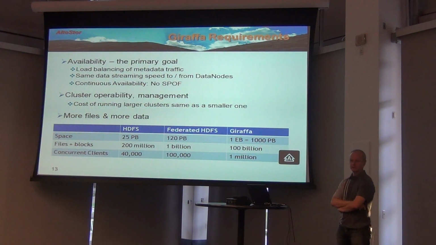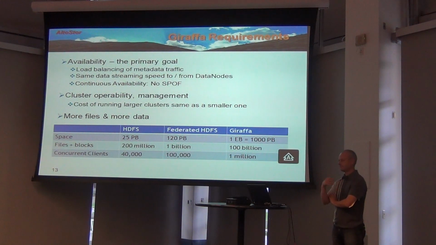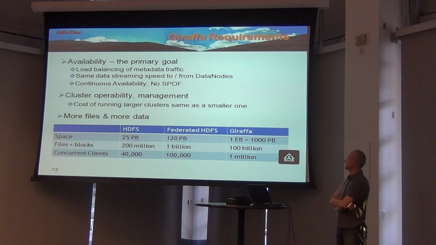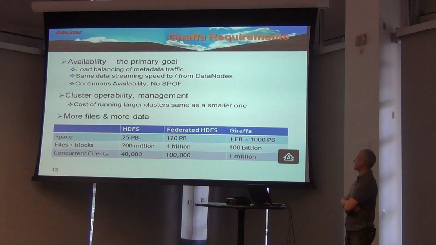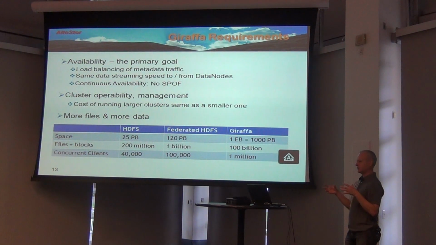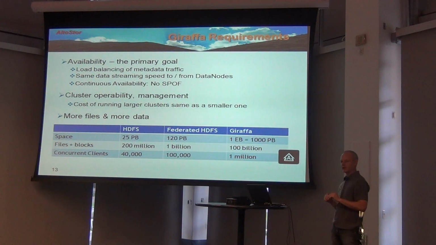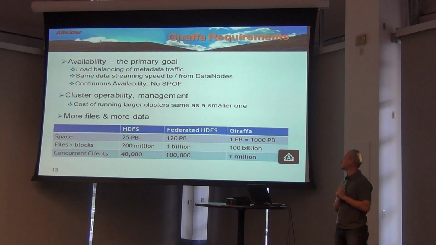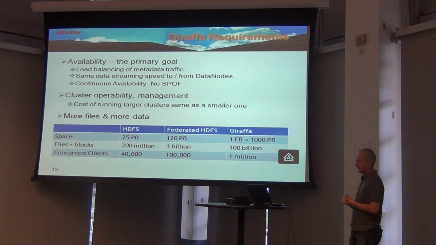Continuous availability is a term introduced by my colleague at AltoScale. This is to distinguish continuous availability from high availability. With high availability, we have two synchronous nodes that keep the state in sync, and either of them is ready to take over if the other fails.